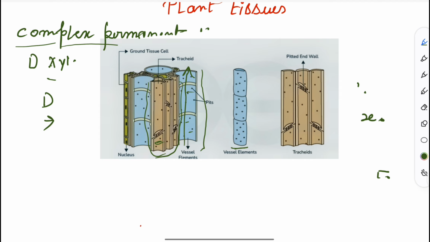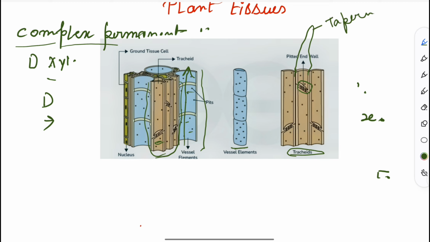If you see the tracheid part here, first of all, they have pitted walls. Unlike the vessel, their ending is closed. If you draw the diagram, their ending is like this, a tapering ending.